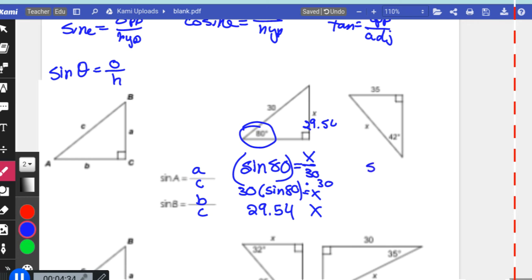Same setup. Sine of the angle, which in this case is 42, equals opposite over hypotenuse. Same as before, sine of 42 is some decimal, so don't divide by 42. We need to get x by itself. When x is on the bottom, it's a little trickier. First I multiply by x, so I have x times sine 42 equals 35. Then to get x by itself, I divide by this decimal.